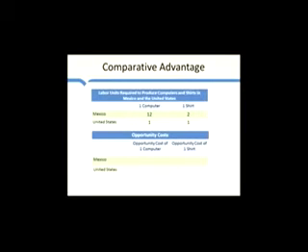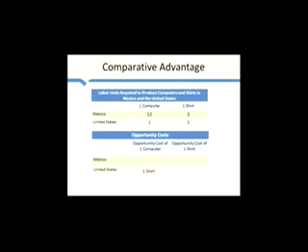And in particular, we'd have to take 1 unit of labor from shirt production and move it into computer production. That would get us one more computer at the cost of 1 shirt. So the opportunity cost of 1 computer in the United States is 1 shirt. Well, what's the opportunity cost of a shirt? Well, the opportunity cost of a shirt, what you're giving up to produce an extra shirt, is 1 computer.